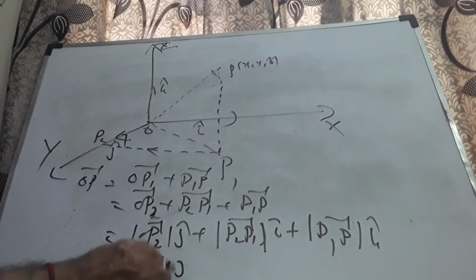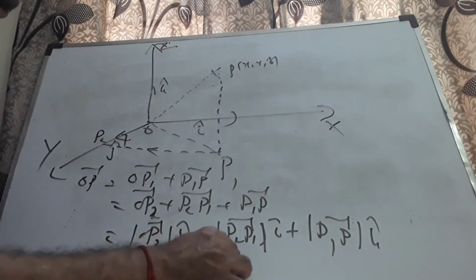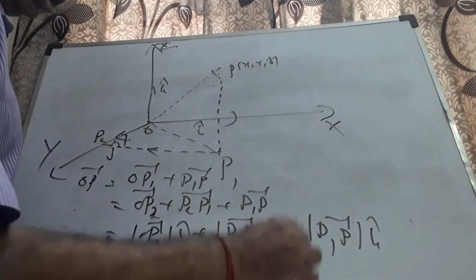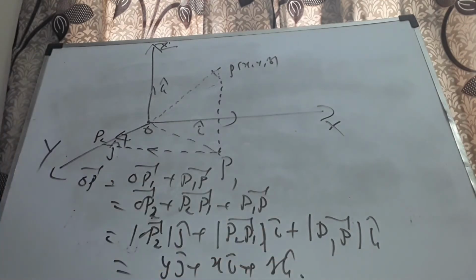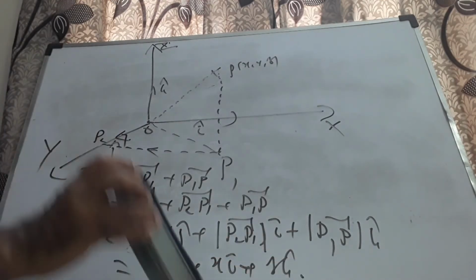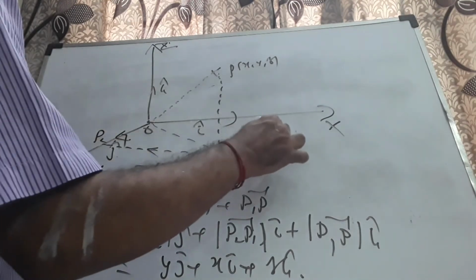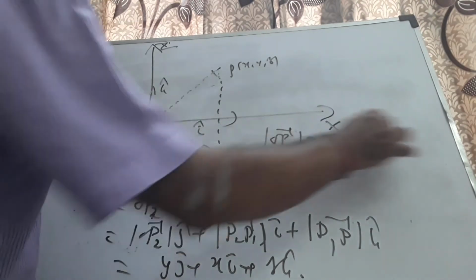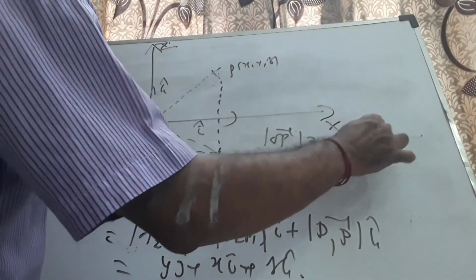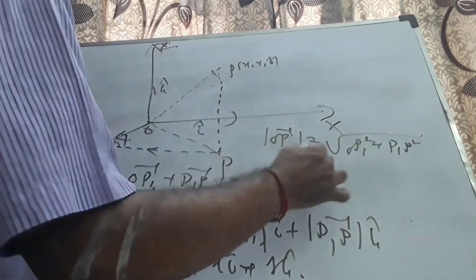This is nothing but y j cap plus x i cap plus z k cap. This is the position vector in general, x i cap plus y j cap plus z k cap.